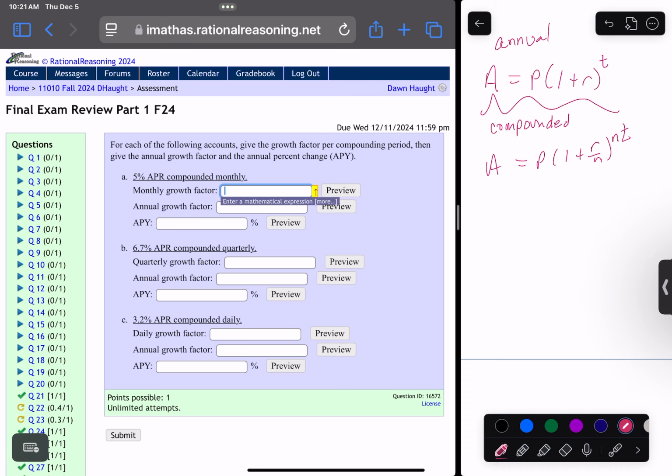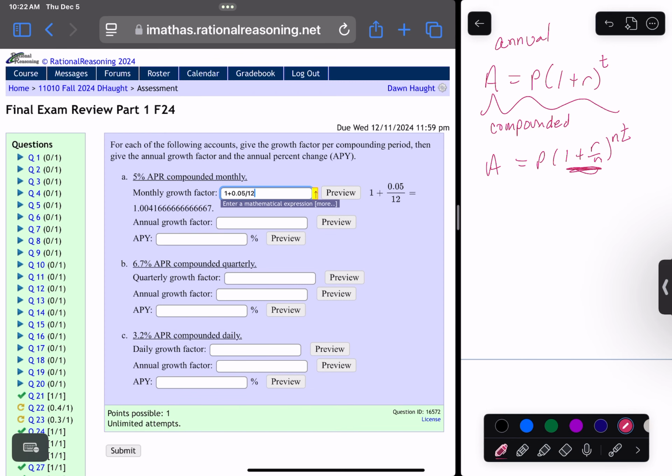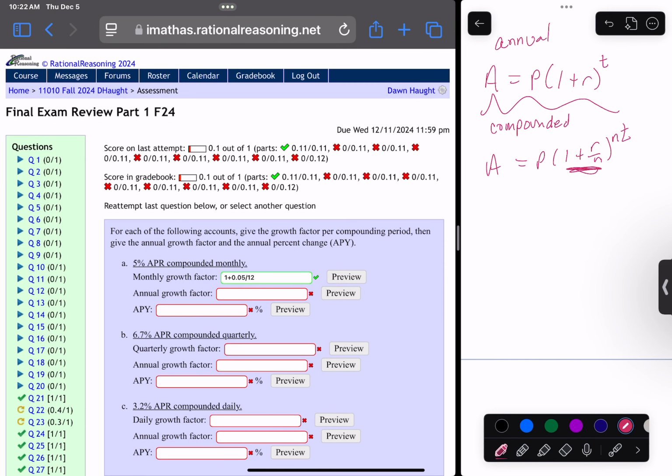So remember our growth factor, we have to add it to 1. So if it's 5% APR, that's annual. So they just want this. So I'm going to put in there 1 plus 0.05 divided by 12. And I'm going to see if that's what they want.